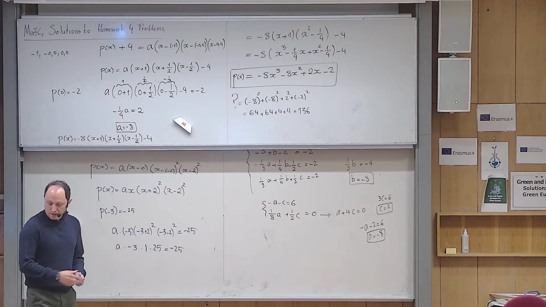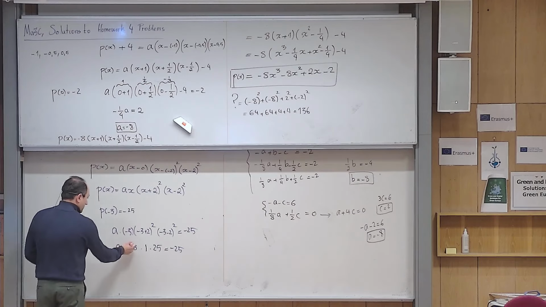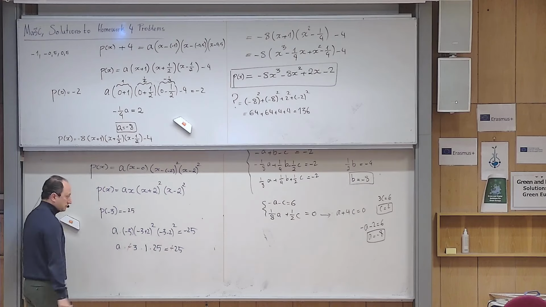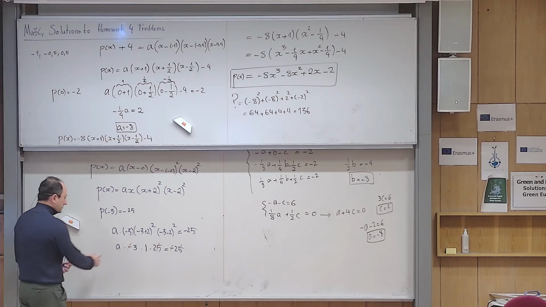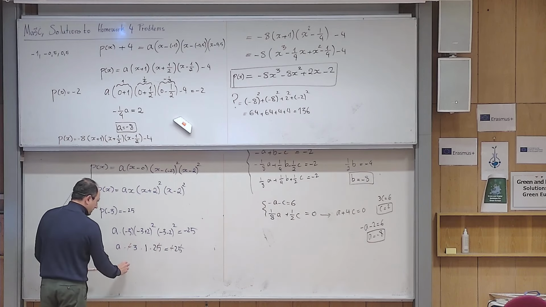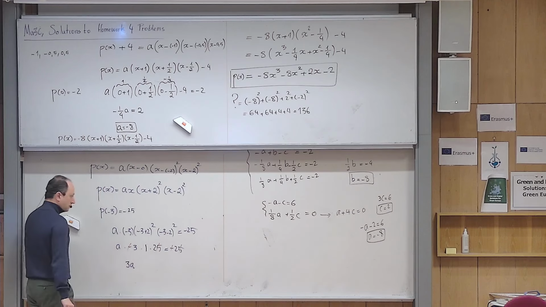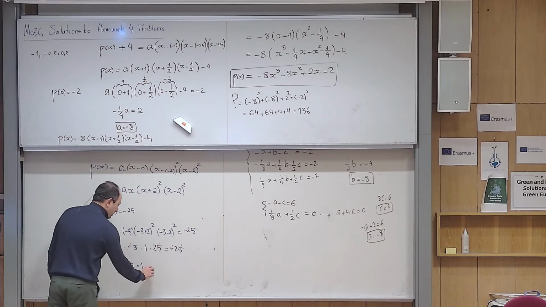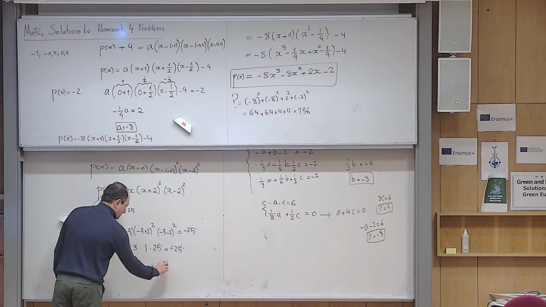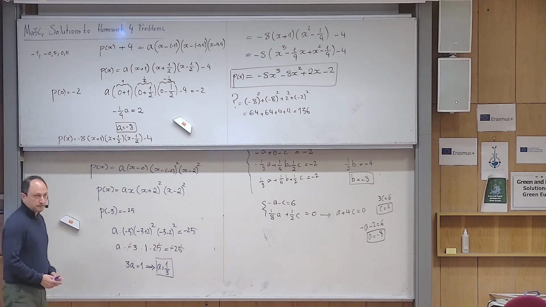So this minus sign and that minus sign are gone. This 25 and that 25 are also gone. So what is left? On the left side, you are left with 3a. On the right side, you are left with 1. So what is your a? A is 1 over 3. Yes?